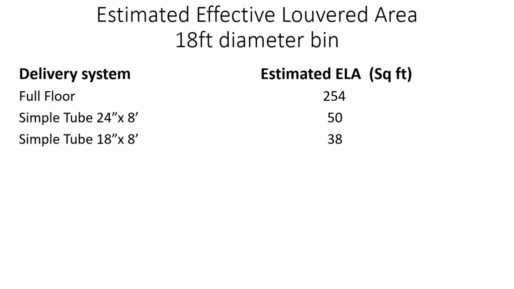Typically, the 5-horse and 7-horse fans would be on the 24-inch ducting, but the one real critical thing is that when you go down to an 18-inch, you physically can't get those high airflow rates through that ducting, and you will end up with significant air loss if you upsize a fan.